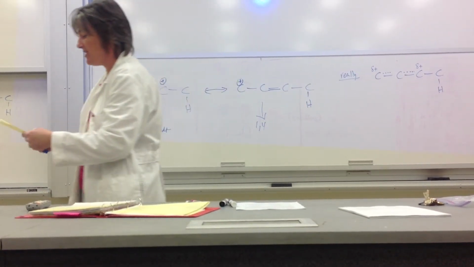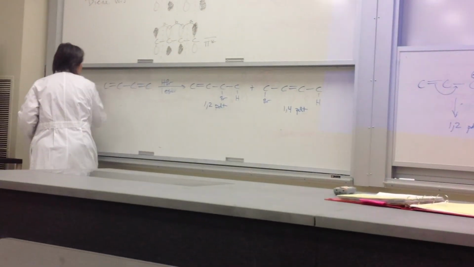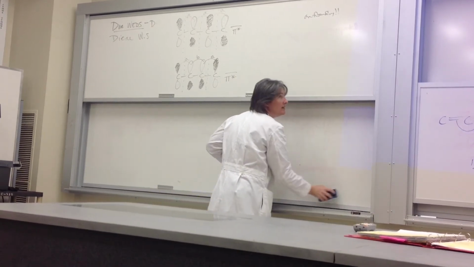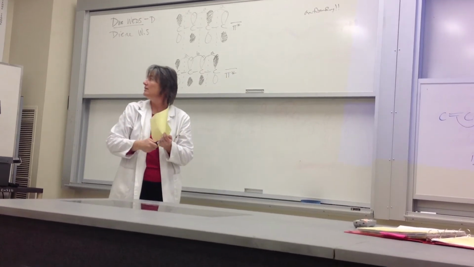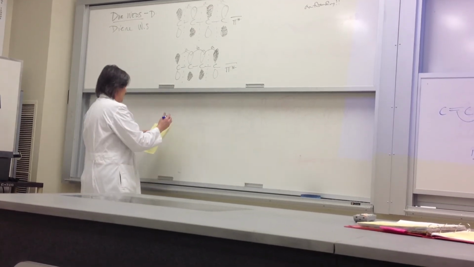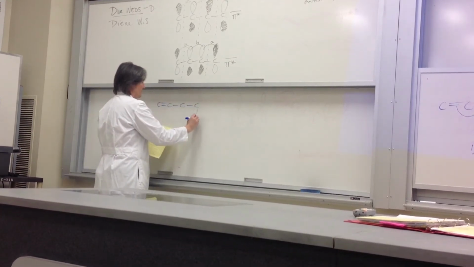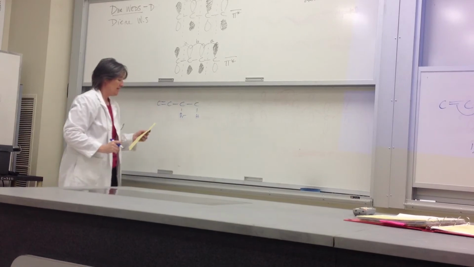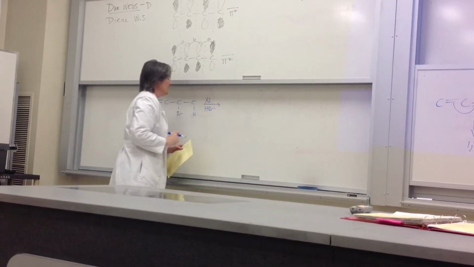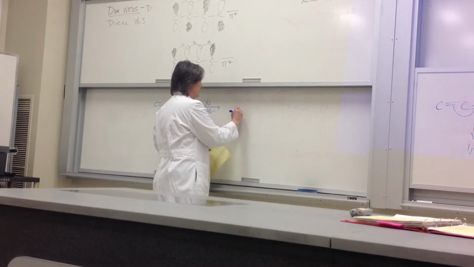Here's the fun. I'm going to give you guys some information. All right, here's your information. If I take the 1,2 and I treat it with excess HBr, I can turn it into the 1,4.